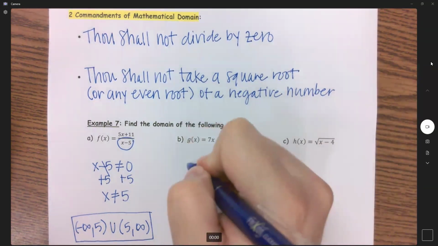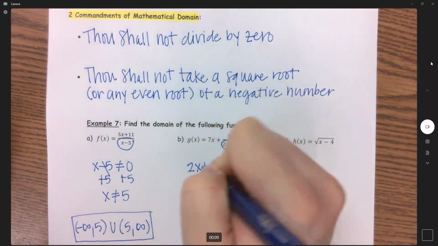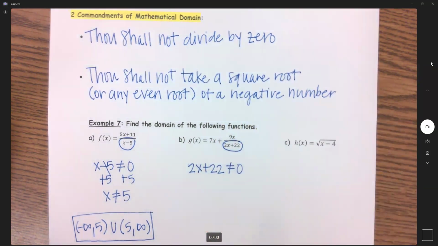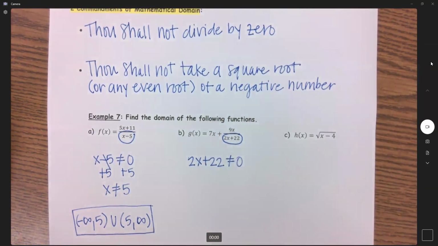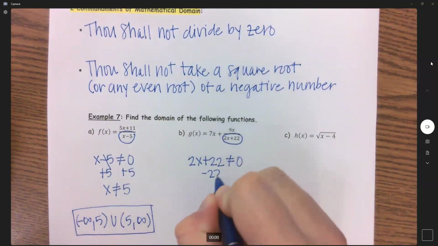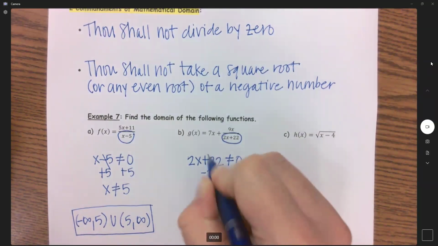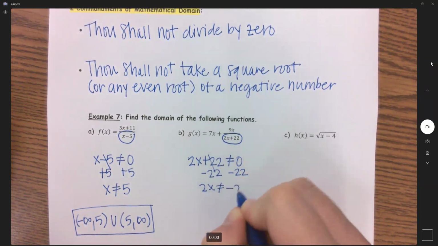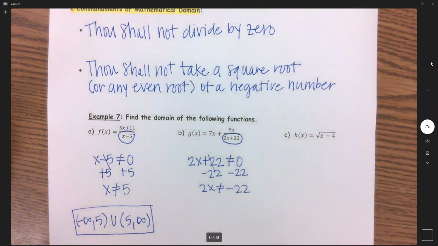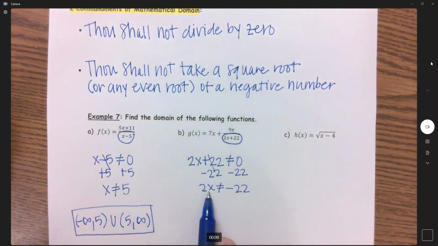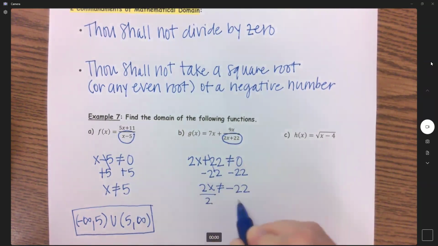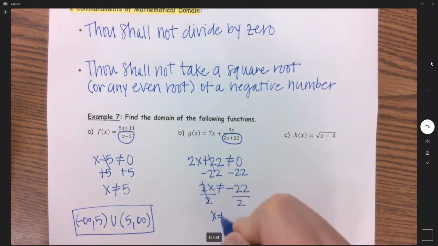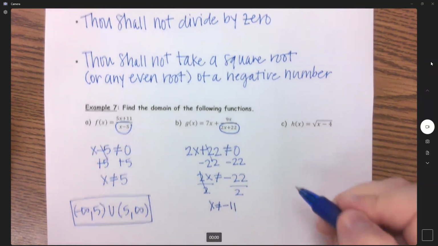I want to make sure that 2x plus 22 does not equal 0. So first thing we'll do is subtract that 22 over to the other side. And I get 2x cannot equal negative 22. Now divide by 2. And we get that x cannot equal negative 11.